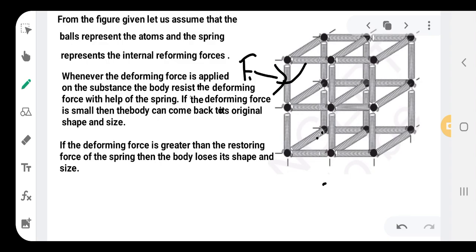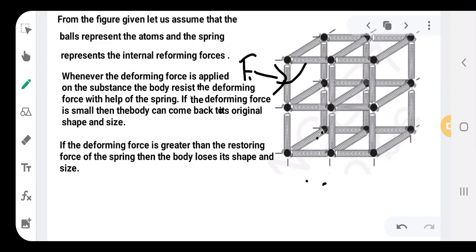If the deforming force is small, the body can come back to its original shape and size. If the deforming force is greater, then the body loses its shape and size. So that's what I told you. So this is known as the spring ball model.